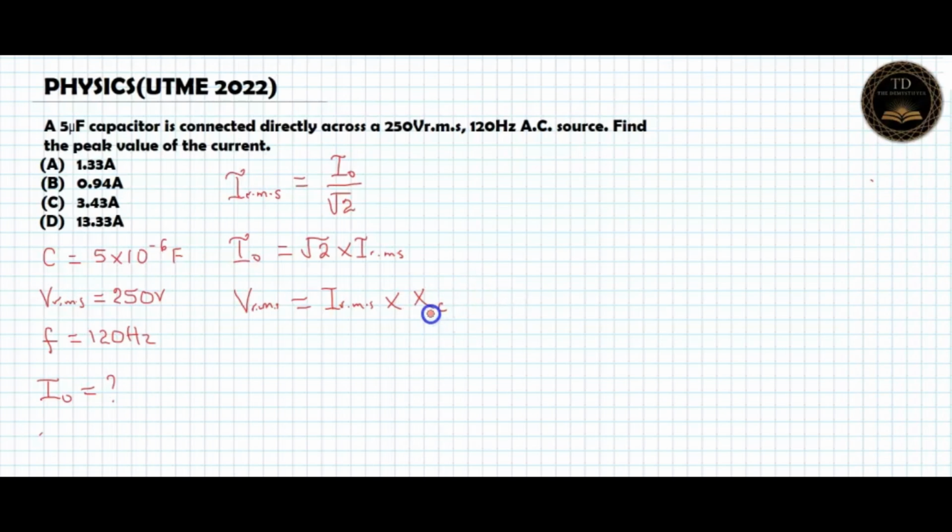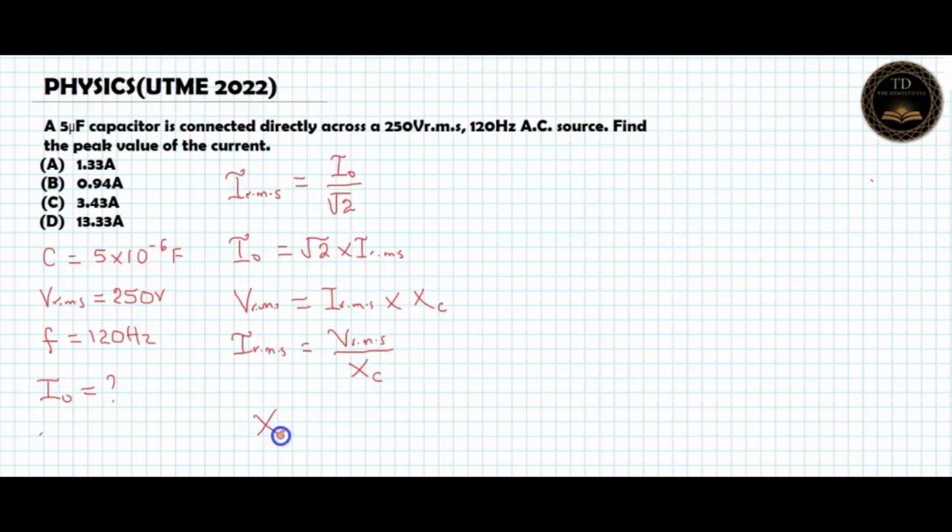Again, we don't have our XC. So first let's make our root mean square current the subject of the formula. It will be equal to V root mean squared over the capacitive reactance.